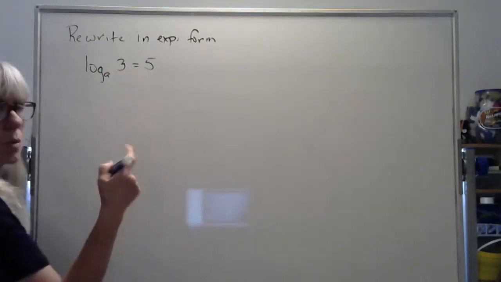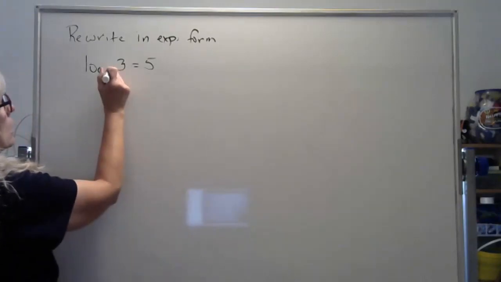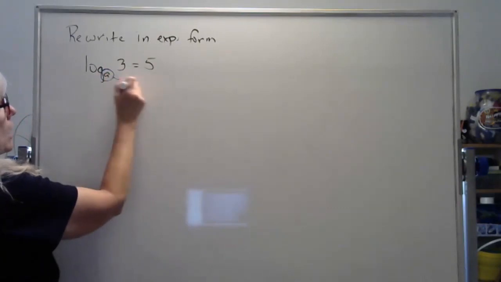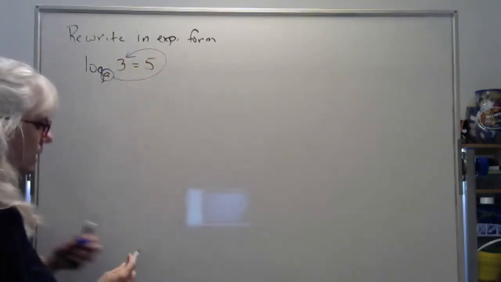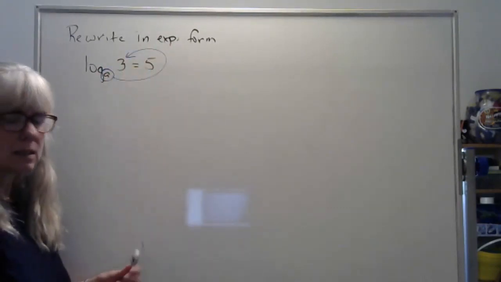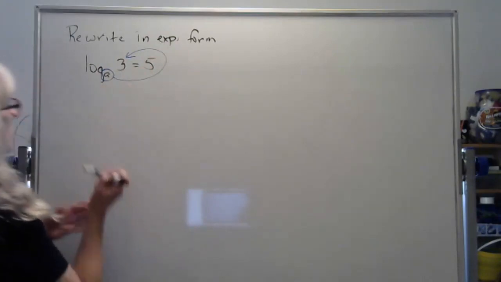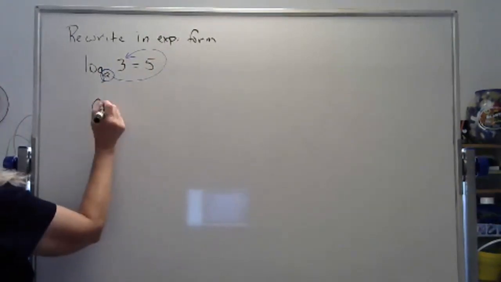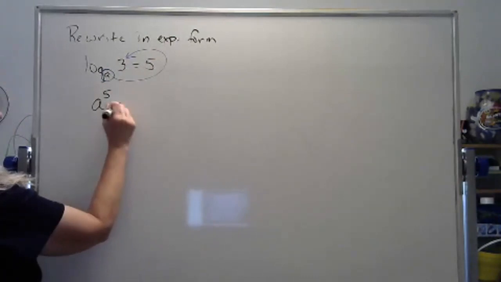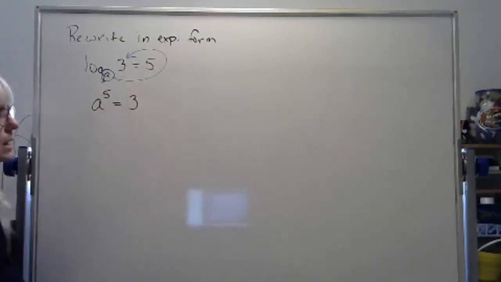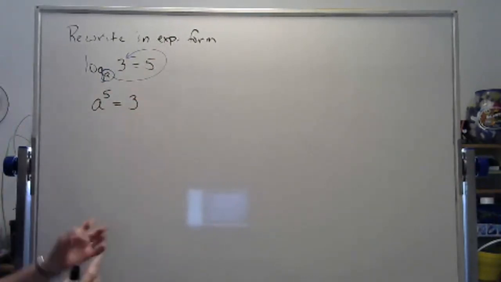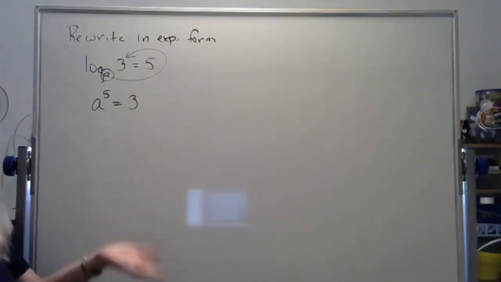That's why we keep saying the word base when we say logarithm. You're going to identify the base, and that's where you start. And you still go around the equal sign as you pick up the pieces to rewrite it. So we're going to start off with the A, because that's our base. We're going to write it to the 5th power and set that equal to 3. So A to the 5th equals 3. Again, they're just two different forms of saying the same thing.